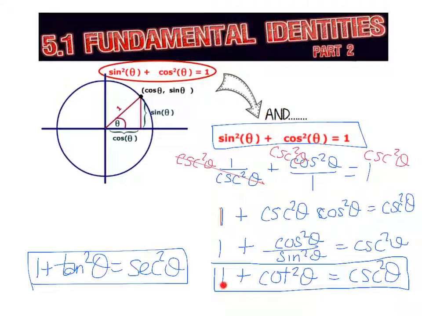But notice that the 1 is in a different place than where it is on the original. The 1 is by itself, but on these other ones, the 1 is with the tangent. And you're going to also see these in different orders. Rather than always having 1 plus tangent squared theta, you could subtract tangent squared on both sides. And you may see this as an identity like 1 equals secant squared theta minus tangent squared theta.